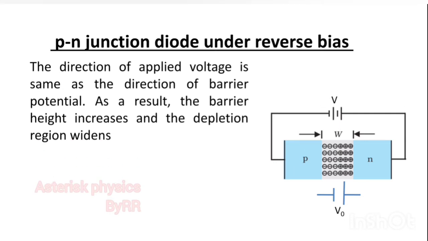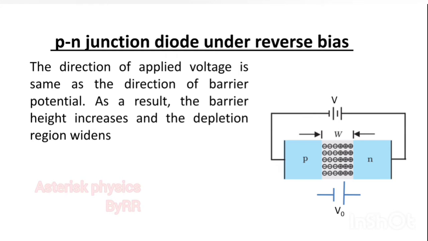When a diode is connected in reverse bias, the direction of the applied voltage, that is V, is the same as the direction of the barrier potential. You know what the barrier potential is, how the barrier potential is created, and the width of the barrier was discussed in the previous videos.